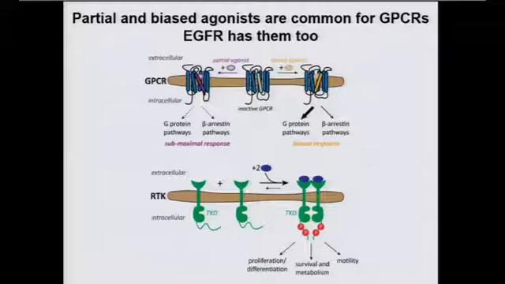Receptor tyrosine kinase signaling is a heck of a lot more complicated than we actually imagined, and partial agonists may be very important here, particularly with respect to the issues of timing. And if you go back to the immunological receptor contexts, there's a great deal of data for the relevance of this, but we've completely ignored it in the receptor tyrosine kinases. So that's something that we're quite interested to think about.